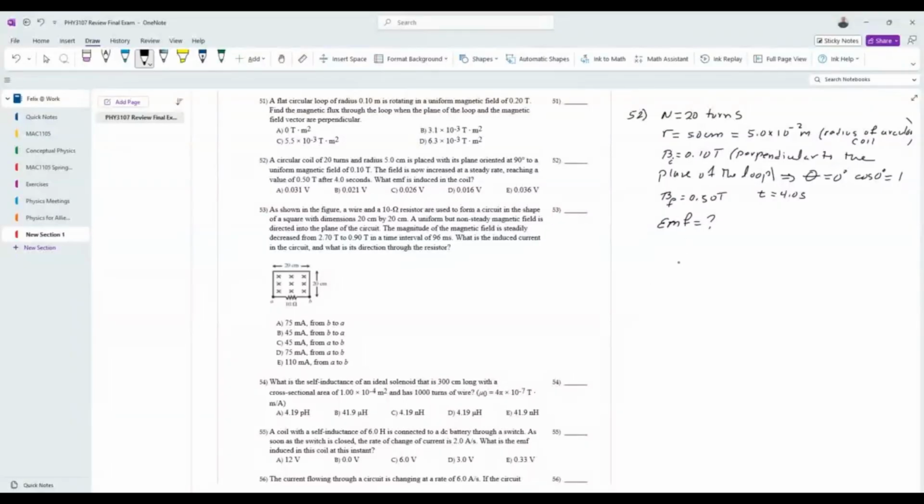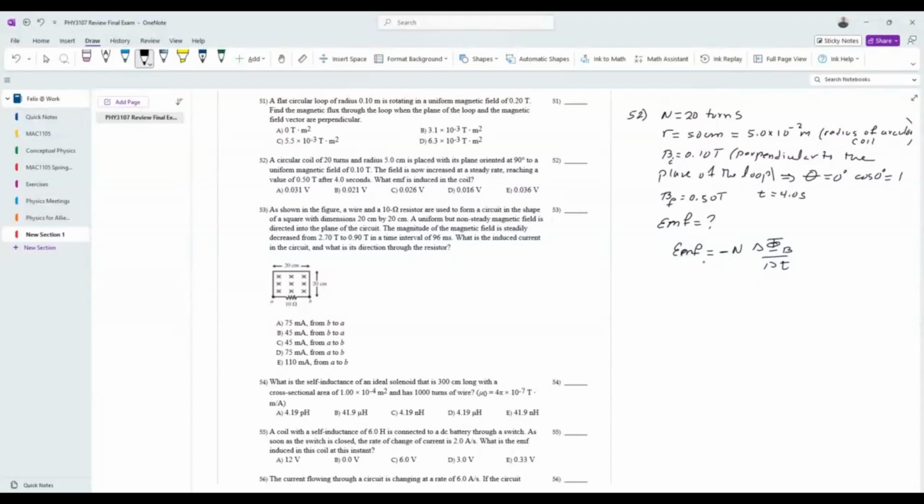Now, what is induced electromotive force? Due to a change in magnetic field, the induced electromotive force is equal to negative the number of turns times delta phi sub B over delta t. So, why the negative? Because remember that this electromotive force that will be induced will oppose whatever change occurs.